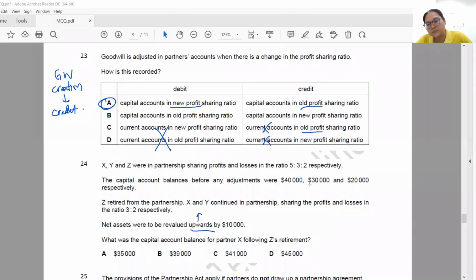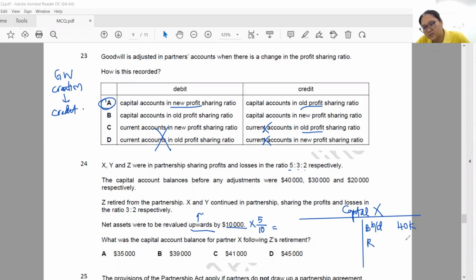So we open a simple T account. This is for capital X. Capital X before had a balance of 40,000. Under the asset revaluation, outward is increased, and the increase is shared 5:3:2, which means times 5/10, which is 5,000.